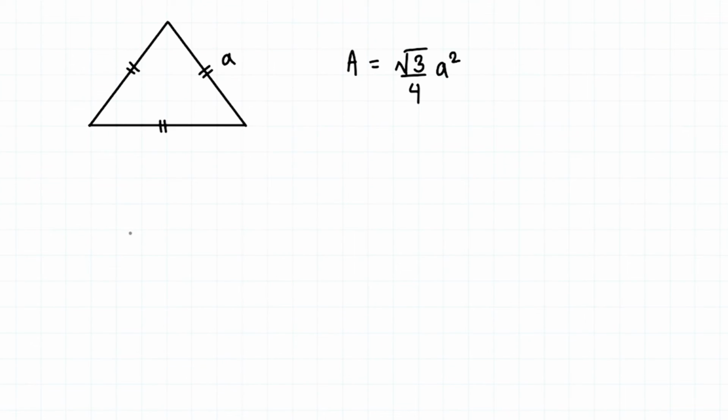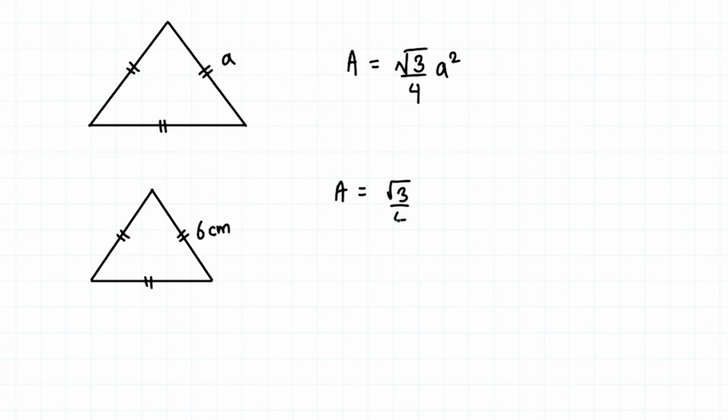So again, let's look at an example. Let's say we have our equilateral triangle. Let's say the length of these three sides of our triangle is 6 centimeter. Then we can easily find the area by using our formula, root 3 by 4 A square.